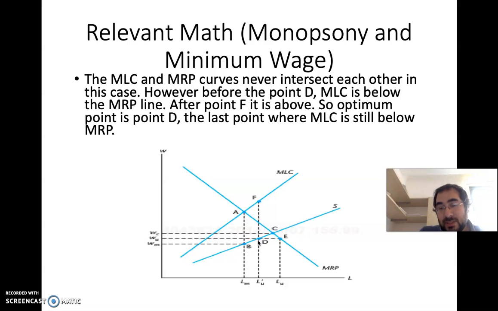Since that cost has decreased, the company will increase labor, because the cost of adding an additional worker is no longer that high.